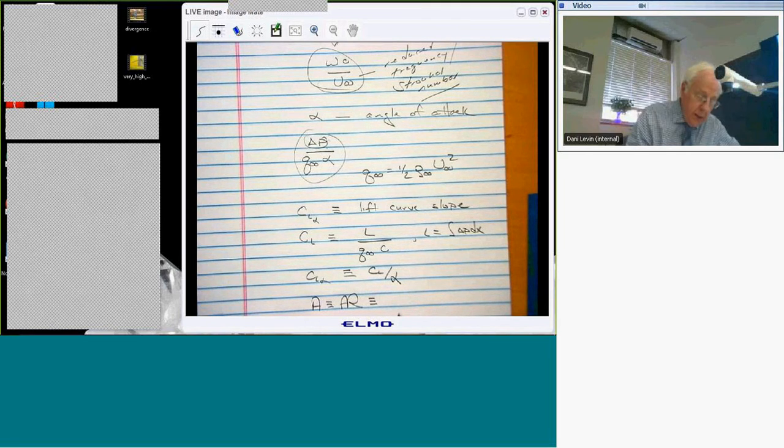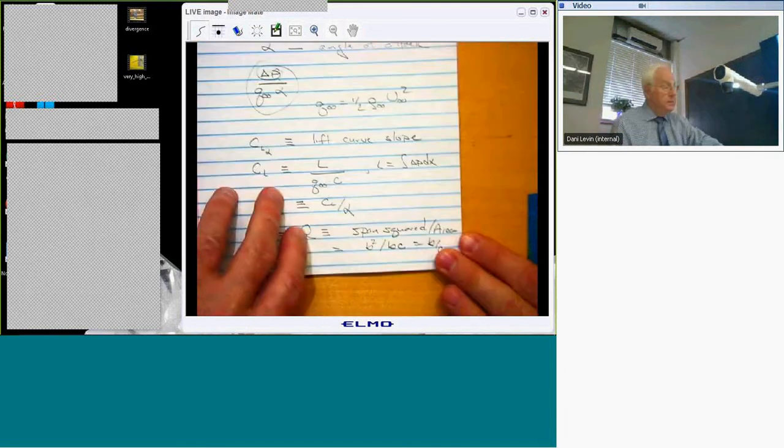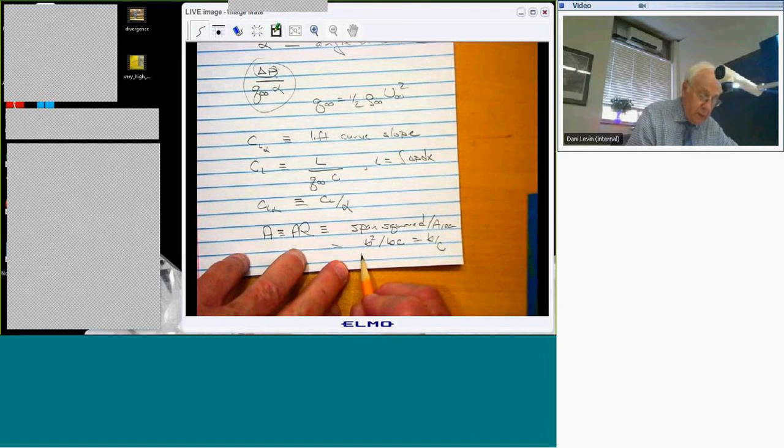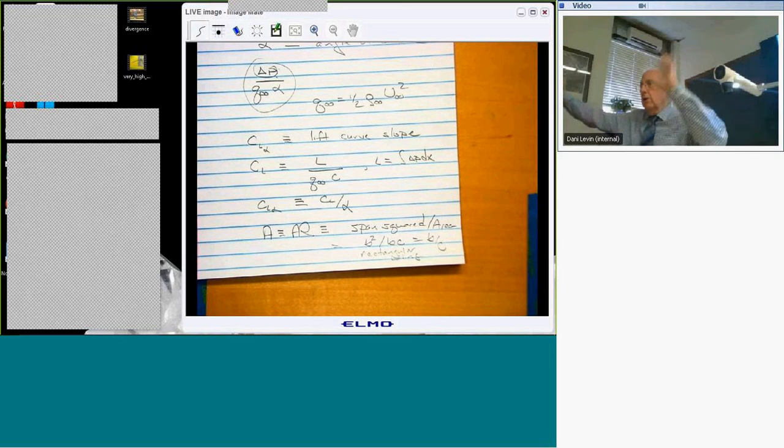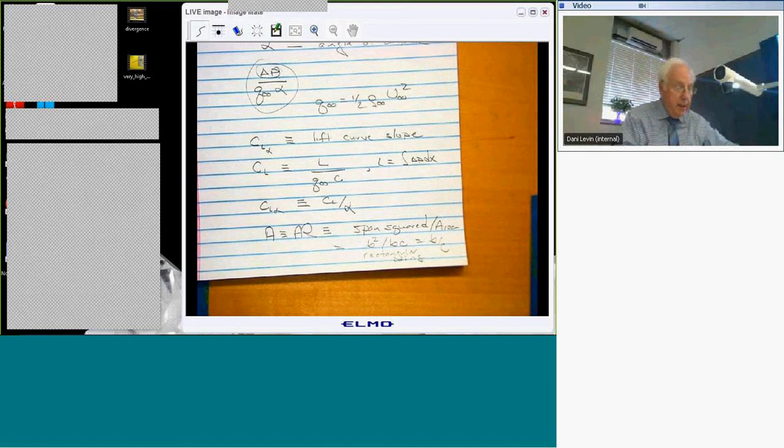Span squared over area. And so if I had a rectangular wing, if span is b, then area would be b times the chord, right? And that would be b over c. Oh, sorry, this is for a rectangular wing. It's a measure of how long the span is compared to the chord, right? High aspect ratio means large span compared to the chord.